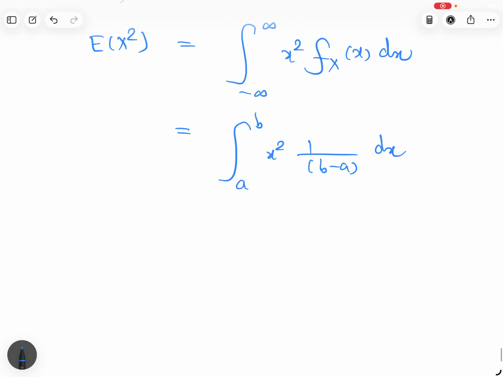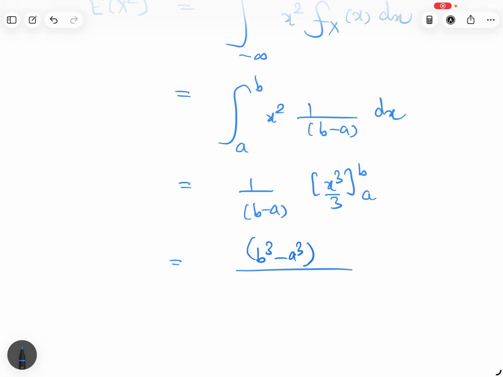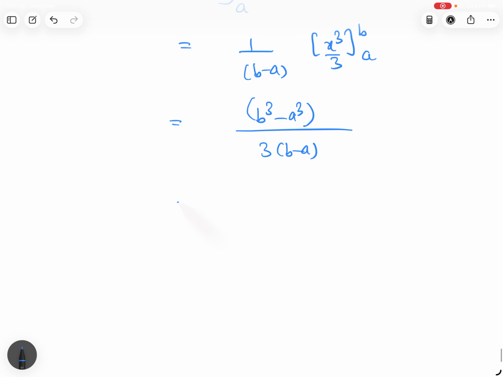So after solving it, what you will get? x cube upon 3 from a to b, so (b cube minus a cube) upon 3 times (b minus a). So we got E[X square].